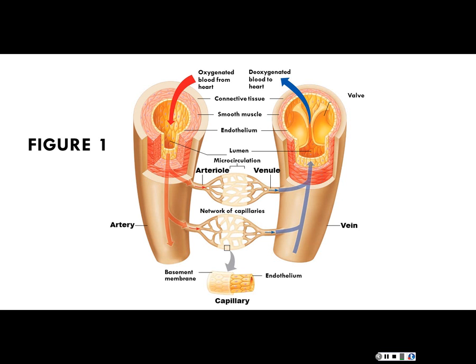We introduced this way back in the beginning of the semester, acknowledging that there's an exchange between the blood plasma and the interstitial fluid, and the interstitial fluid and the plasma. So on your capillary, I want you to draw an arrow of fluid pushing out. So you're going to draw it here or here where fluid is being pushed out.